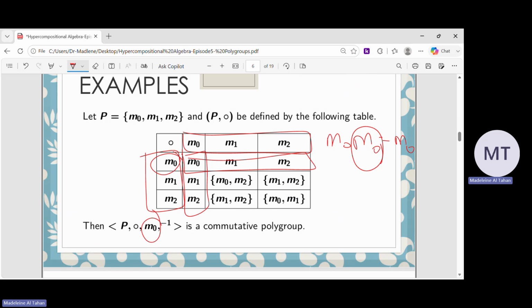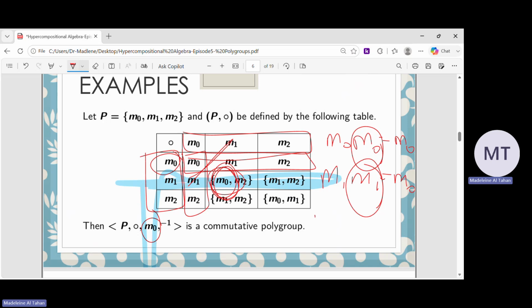What about the inverse of M1? We need to search for the row or column of M1 that contains M0. M0 is contained here. So M1 times M1 is equal to M0. So basically, the inverse of M1 is M1.